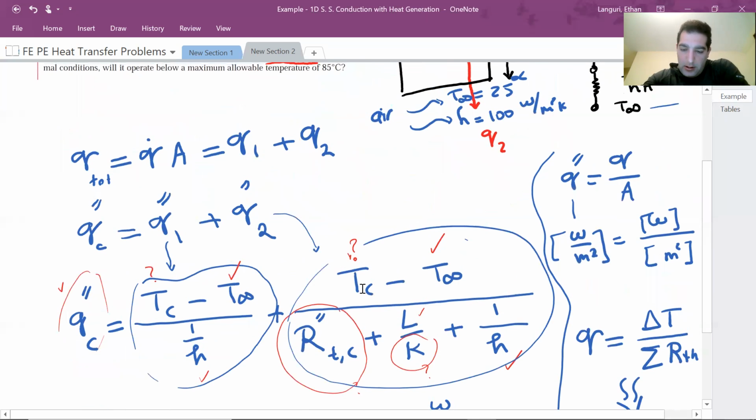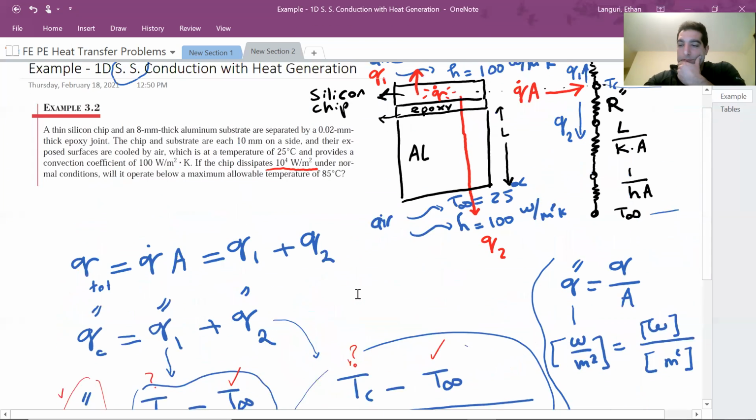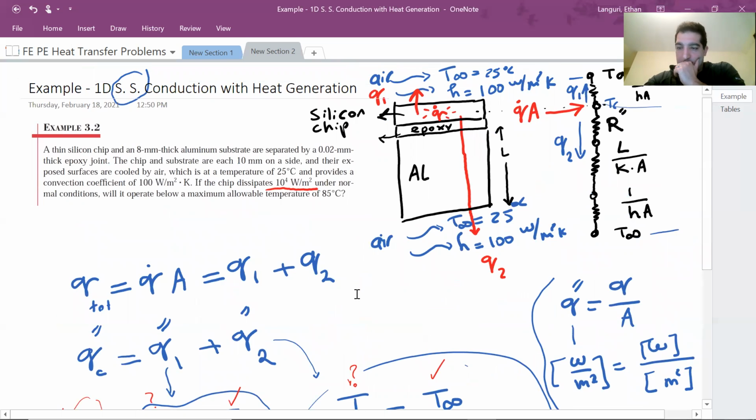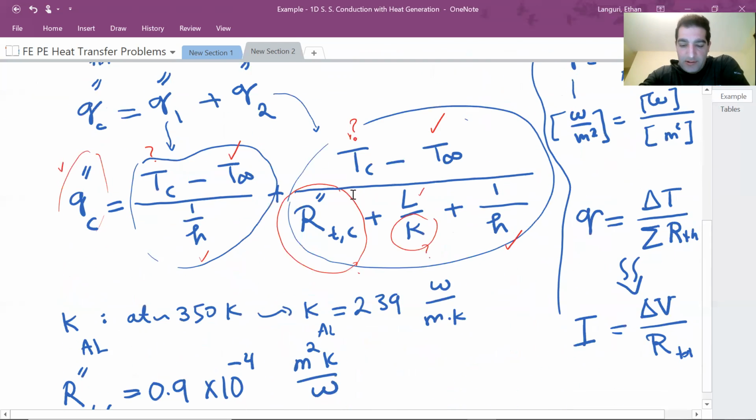Okay, I am going to quickly go back here. And if I'm going to be consistent with everything dividing by area, I'm going to divide this by area, but at the end, those areas will cancel out, just to be consistent with this.